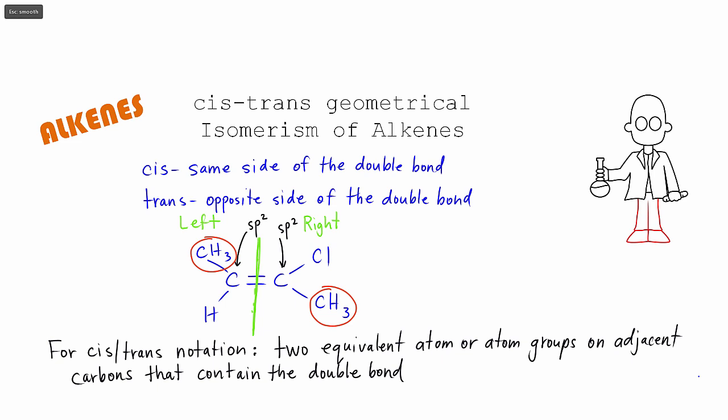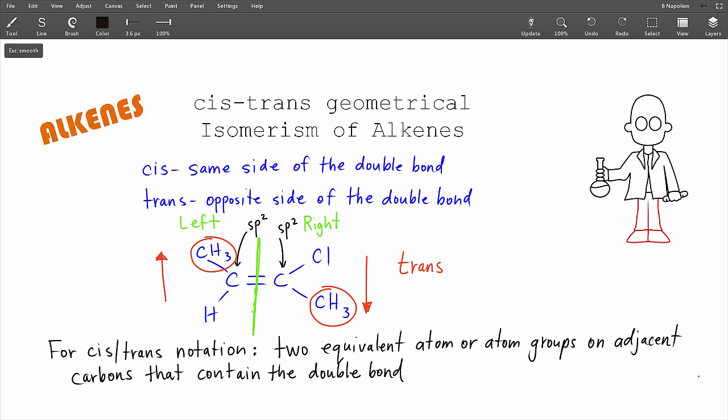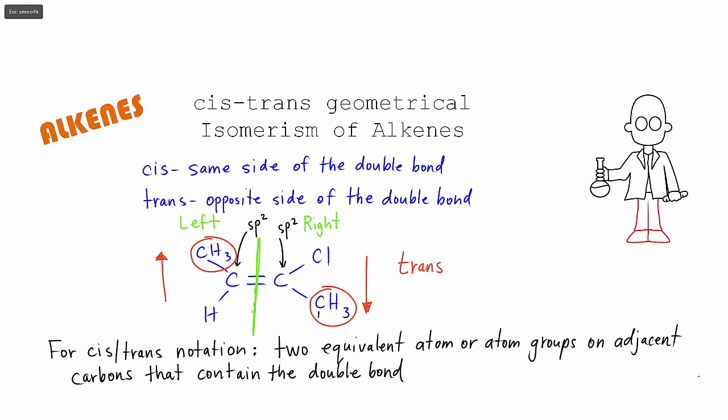Okay, so the CH3 on the left carbon is in that direction, and the CH3 on the right carbon is that direction. So those two directions oppose each other. So we would call this a trans isomer. Okay, we can actually name it. Let's number it correctly here and say this is carbon 1, 2, 3, 4. So we have a 4-atom system.